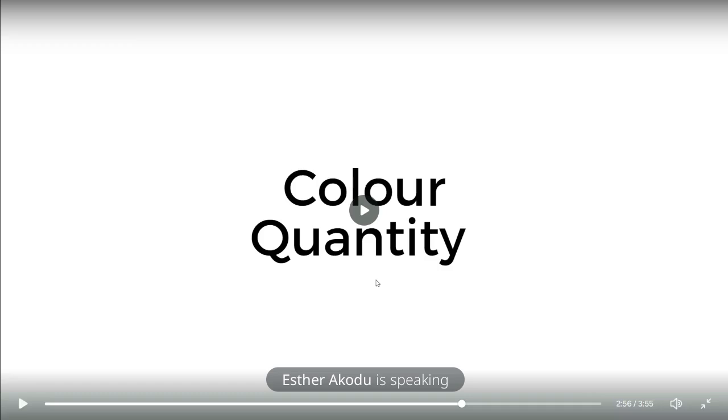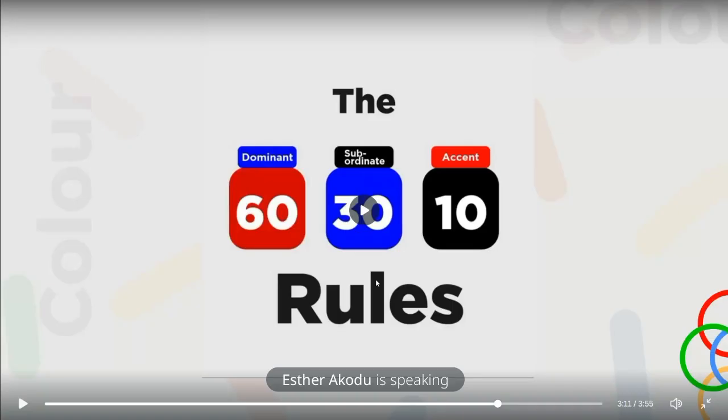So the first one I'll talk about here, I wrote that we have what we call the dominant color, and the rule states that it's called the 60-30-10 rule.